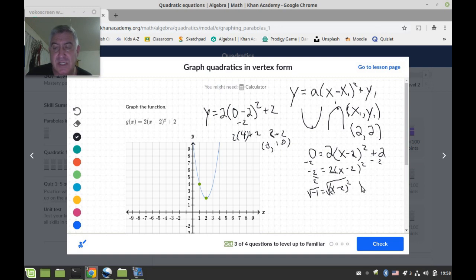So we're going to set x equal to 1. 2 times 1 minus 2 squared plus 2. And so here I have negative 1. Negative 1 squared is 1. 2 times 1 plus 2, and that is equal to 4. So the one point that I can find pretty easily is x of 1, 4 there.